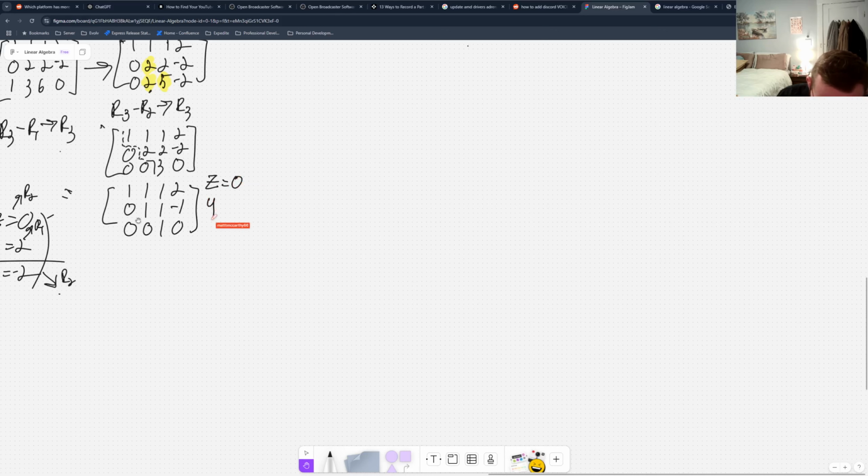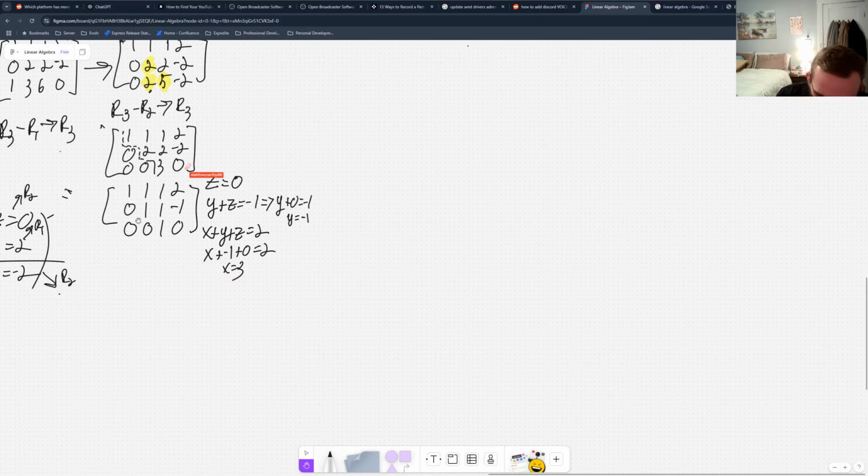We'd have y plus z equals negative 1, which implies that y plus 0 equals negative 1, or y equals negative 1. And then we'd have x plus y plus z equals 2. We know that z is 0, so x plus negative 1 plus 0 equals 2, and we know x is equal to 3.